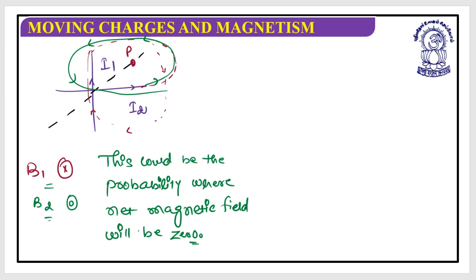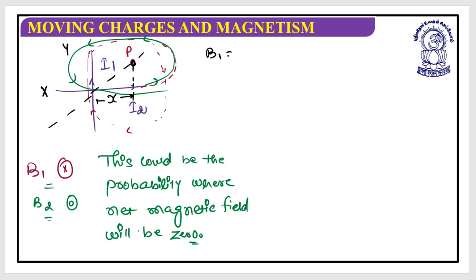Now let's just check: this is the X, this is the Y, and let's suppose this is the point where this distance would be X.